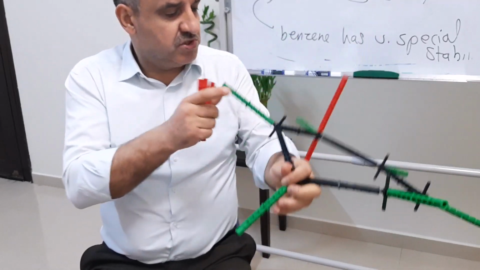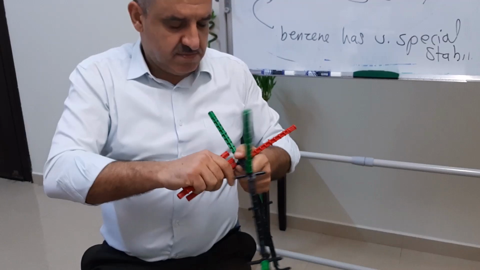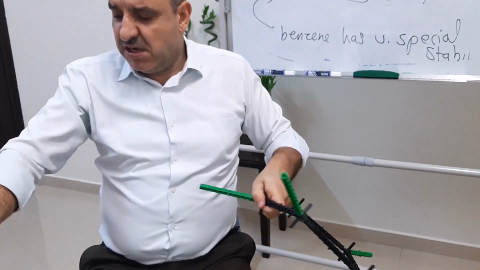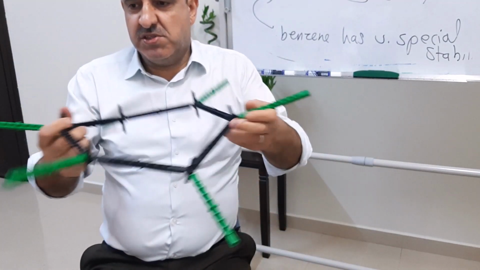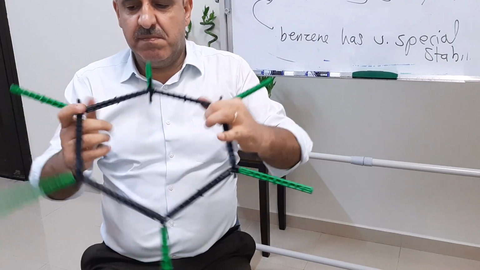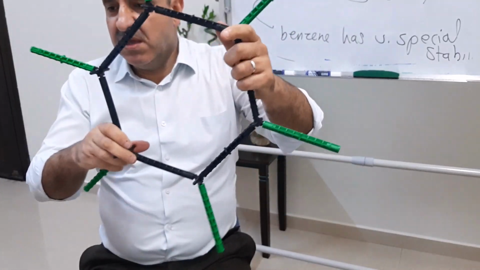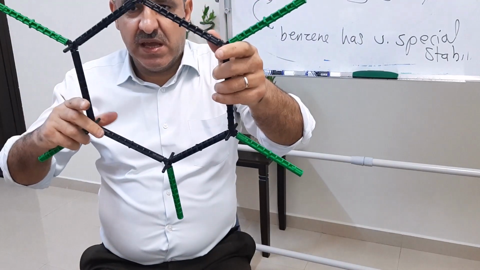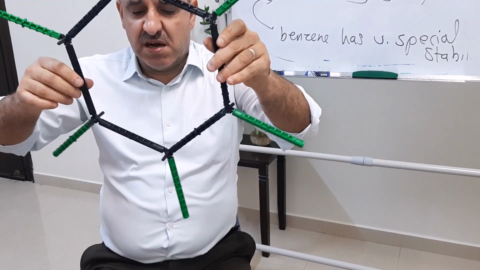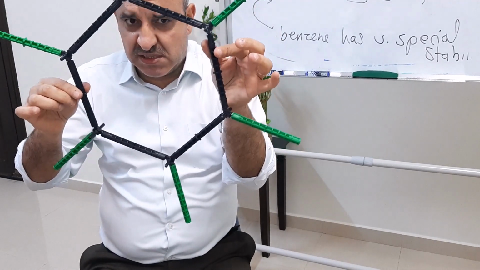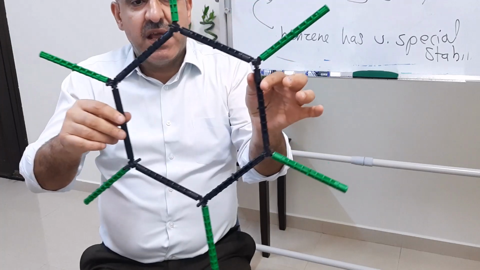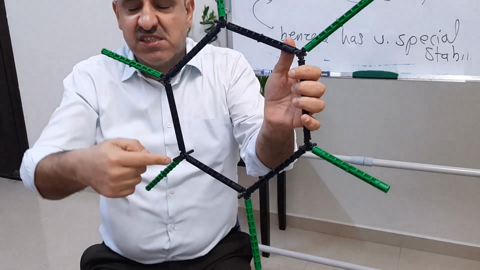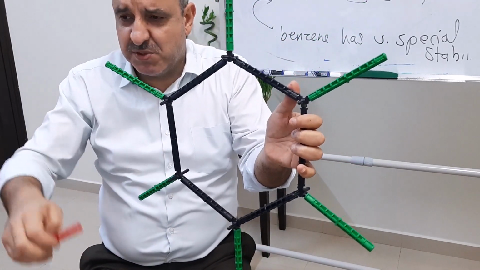Just going to show you this for a minute. Now you can see, right? This is the benzene system. It's a planar system, and these hydrogens are out of the system. Now each carbon here is sp2 hybridized. What does that mean, sp2 hybridized?